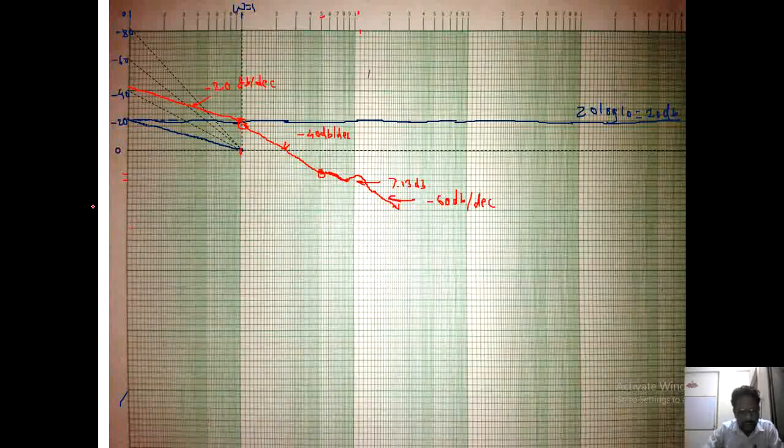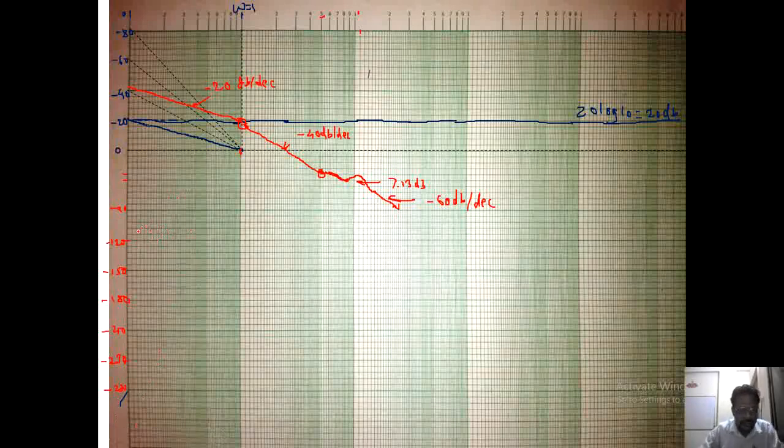Now the phase plot. Suppose minus 90, minus 120, minus 150, we are considering this scale, minus 180, minus 210, minus 230, minus 270, and so on.